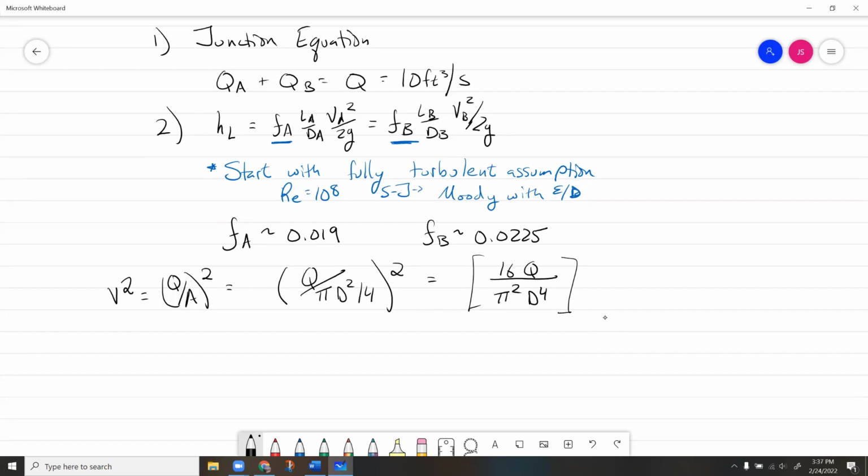What you end up with for both sides is 8 up top, friction factor, length, Q squared, divided by pi squared g, and then diameter to the 5th, because we already had a diameter down there.